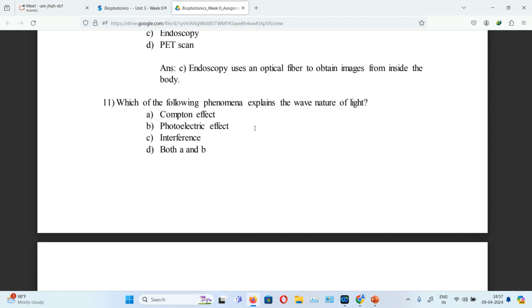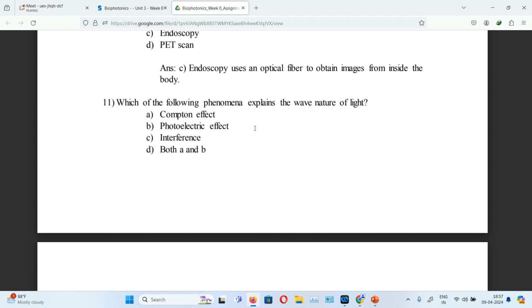The kinetic energy of the ejected electron is given by the difference between the energy of the incident light and the work function of the metal.